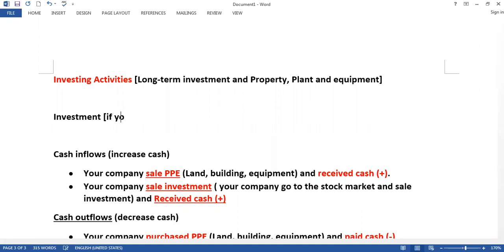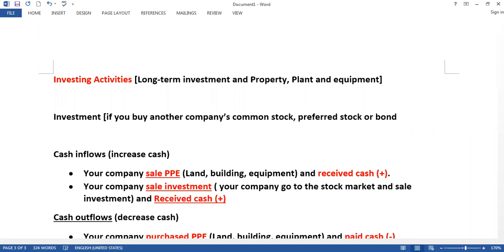If you buy another company's common stock or preferred stock or bond, okay, you can buy another company's common stock, preferred stock, or bond.